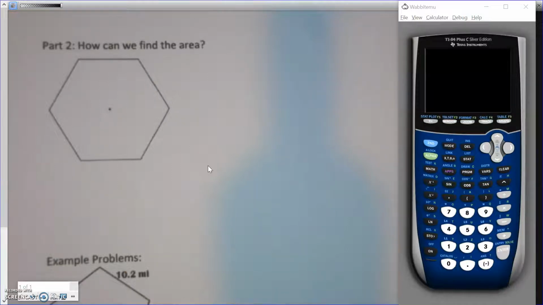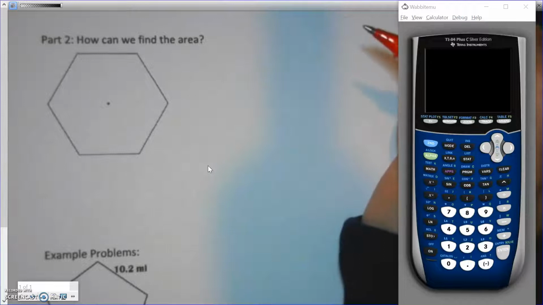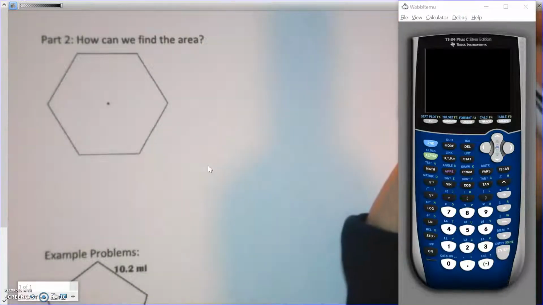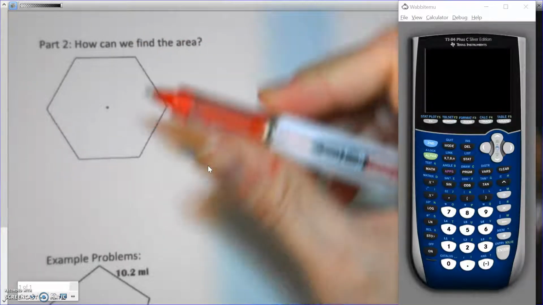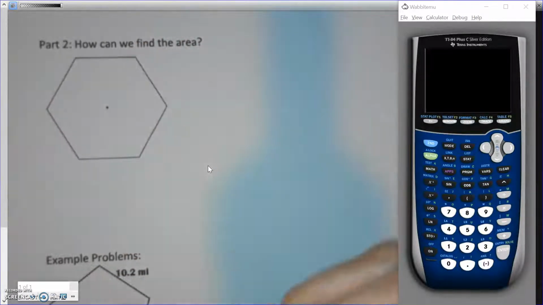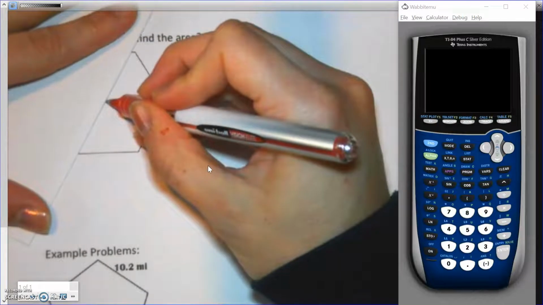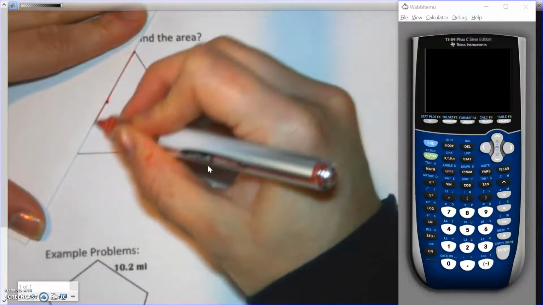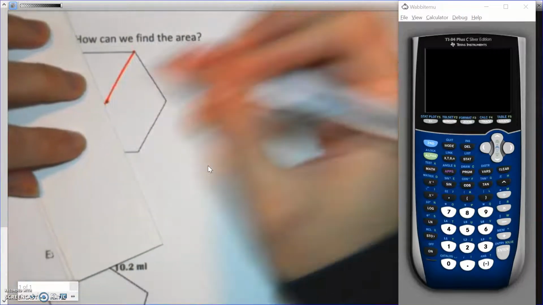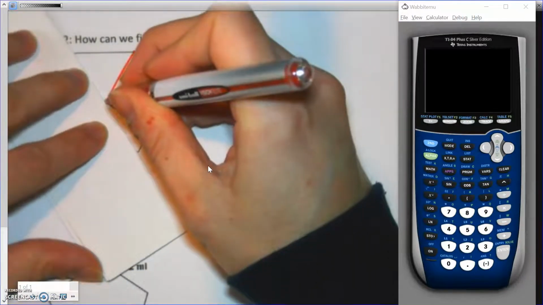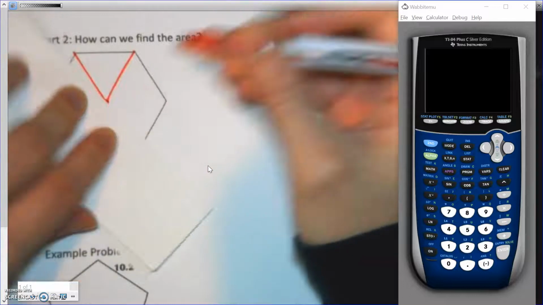So here's a regular polygon. In this case it's a hexagon, but it doesn't really matter what I drew. And because it's a regular polygon, we know there's some symmetry, right? So I could draw a line here, and those two sides are exactly the same. I could draw a line here, and the two halves are exactly the same.